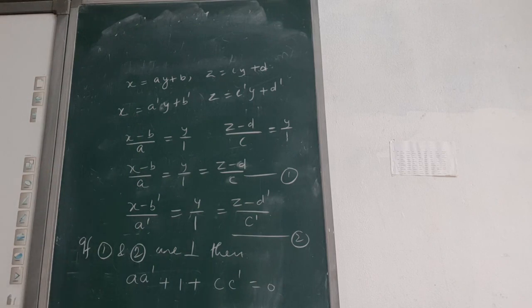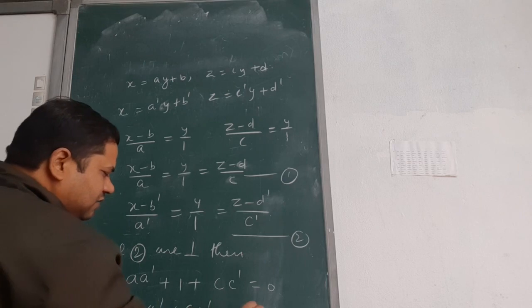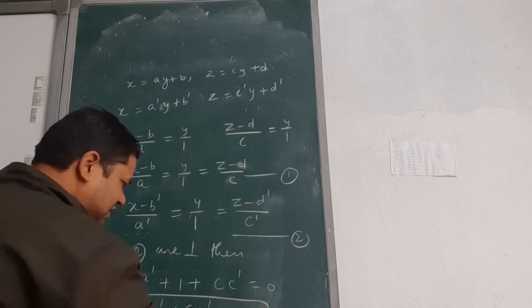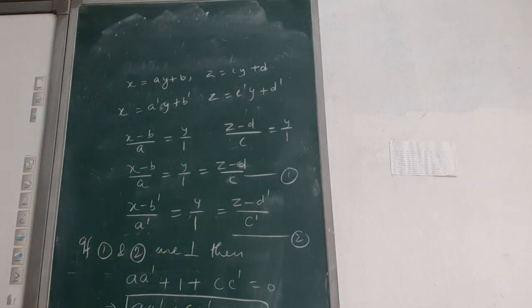So what will be the condition? a a dash plus c c dash is equal to minus 1. This is the given option actually, that's why I am going to write this one. Okay, a a dash plus c c dash is equal to minus 1.